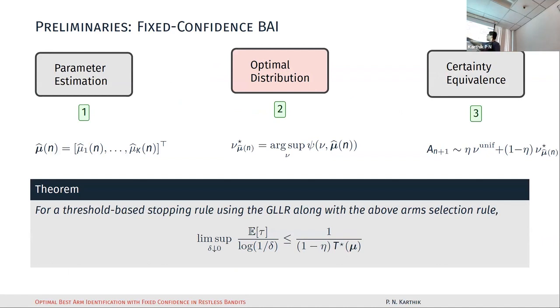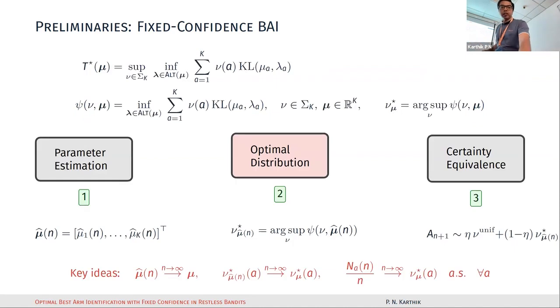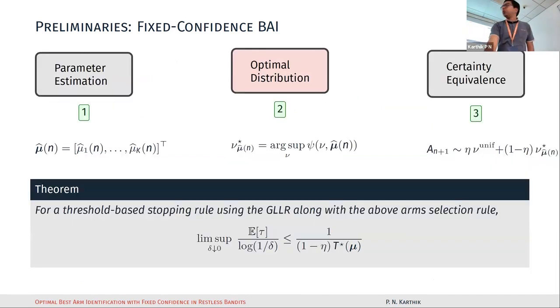Importantly, if you look at the inner infimum term, okay, that is what I called psi on the previous slide. Just look at the inner infimum term. That's a function of mu for any given instance mu. Okay. If you plug in mu hat n instead of mu, that's what the learner will try to do.